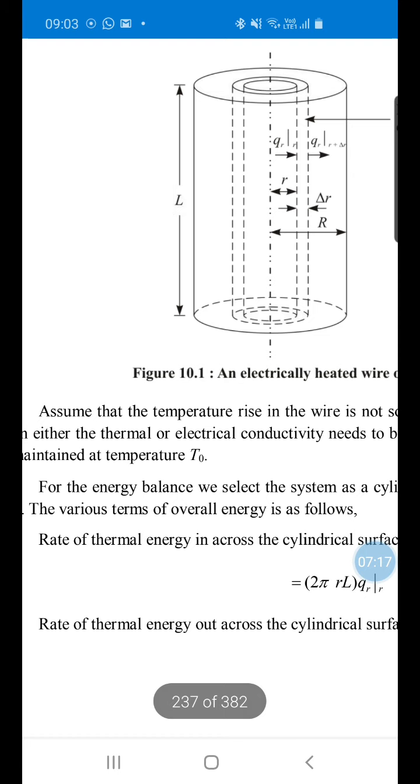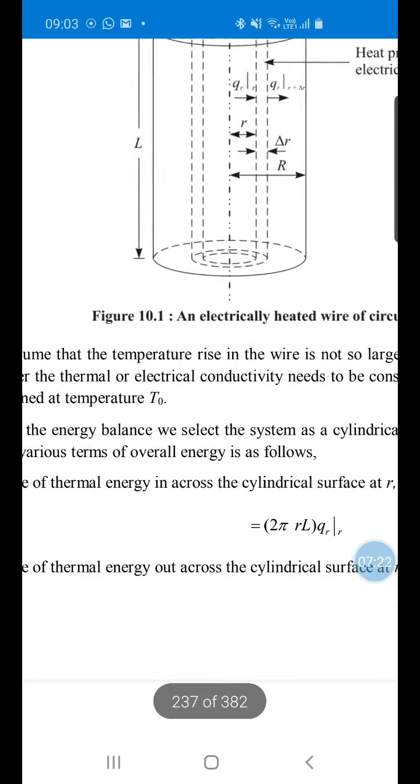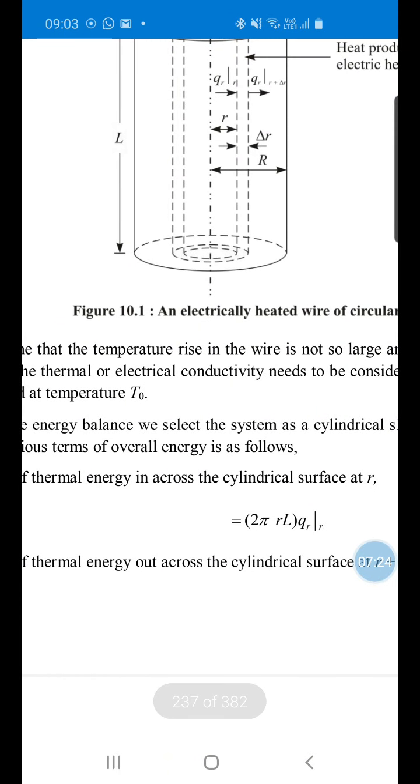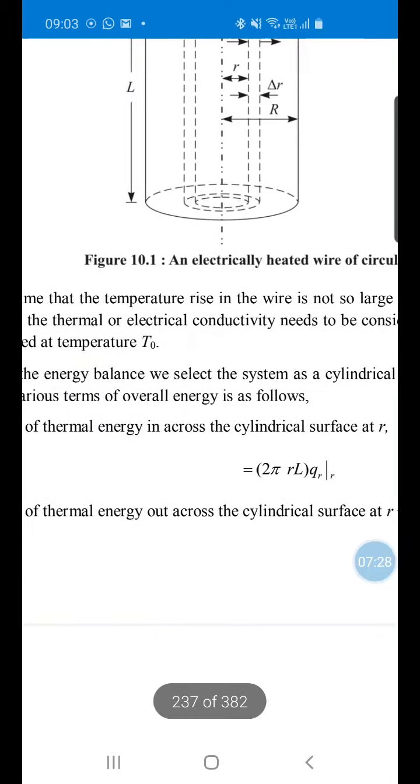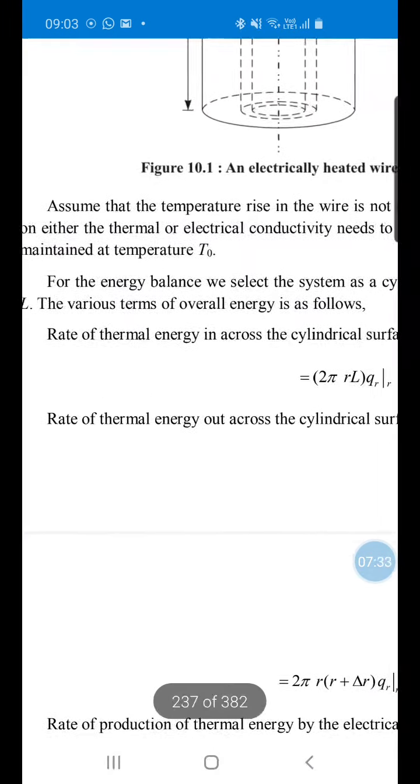Now assume that the temperature rise in the wire is not so large, and the temperature dependence of either thermal or electrical conductivity need not be considered. The surface of the wire is maintained at a temperature of T0.